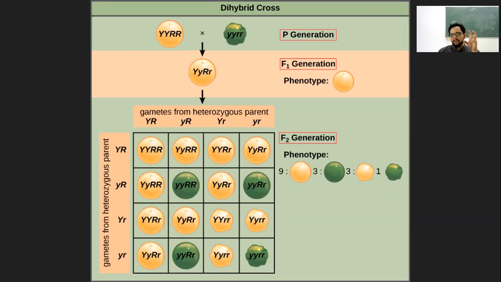What independent assortment is, is individual separation of the allele, right? That does not happen in non-Mendelian genetics. Here, what you have is only yellow or only green, or in the other case, only round or wrinkled. That is a very clear separation, correct?